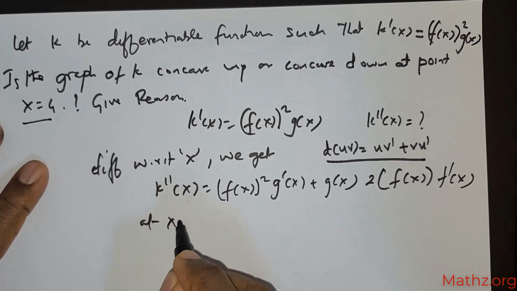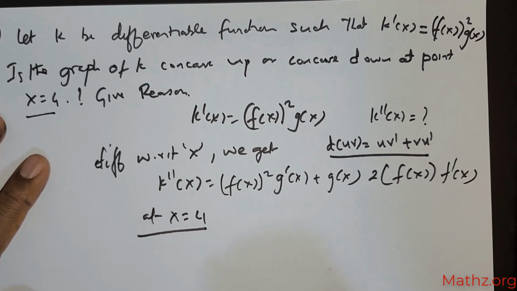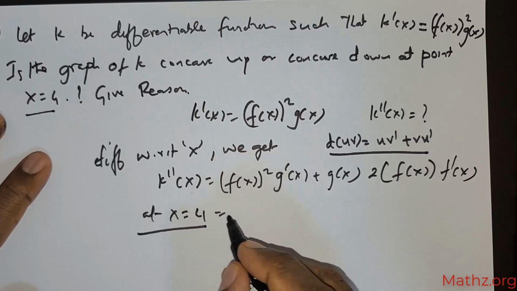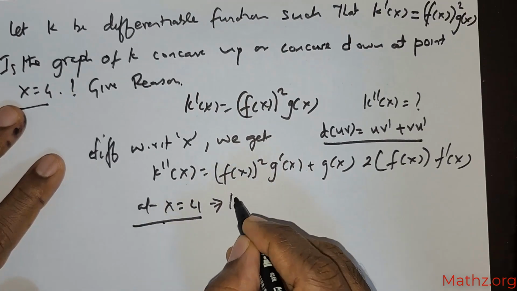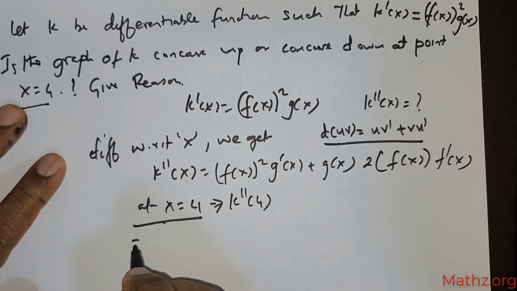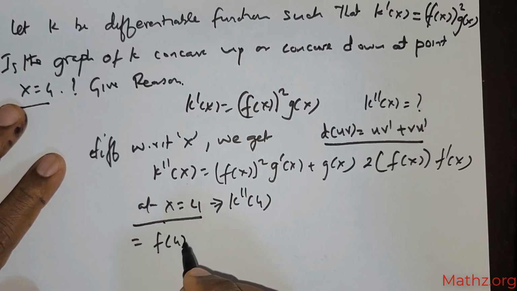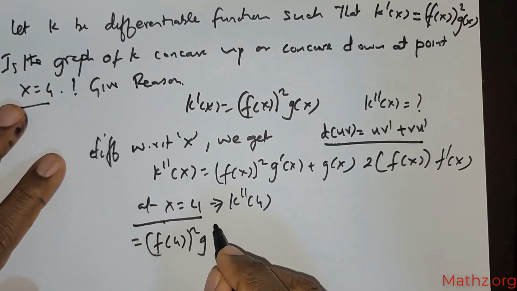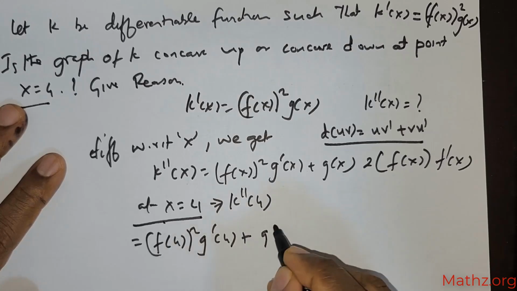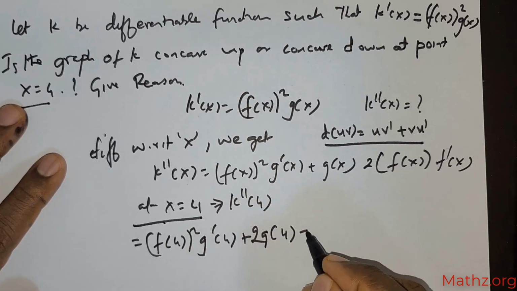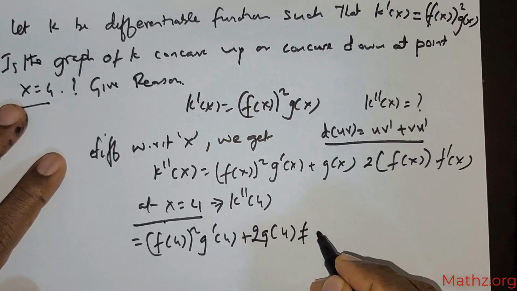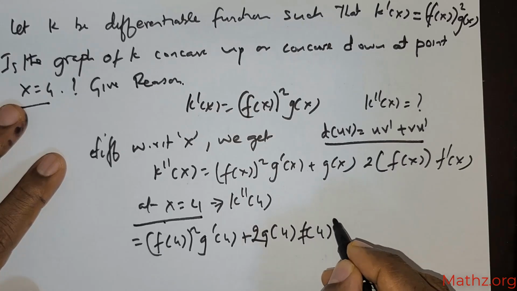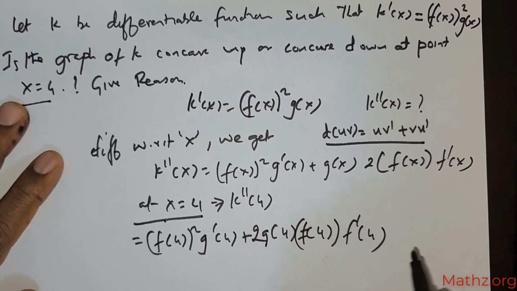Now at x is equal to 4, we need to get that. So substitute x is equal to 4. So this means k double dash of 4 is equal to f of 4 raised to the power of 2, g dash of 4, plus g of 4, write 2 there, times f of 4 times f dash of 4.